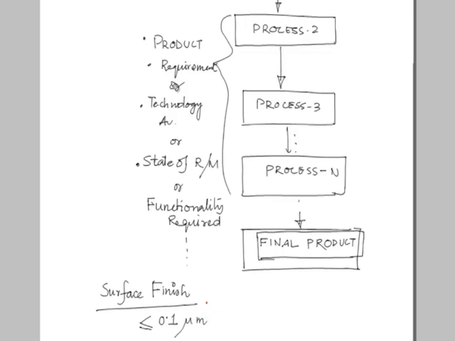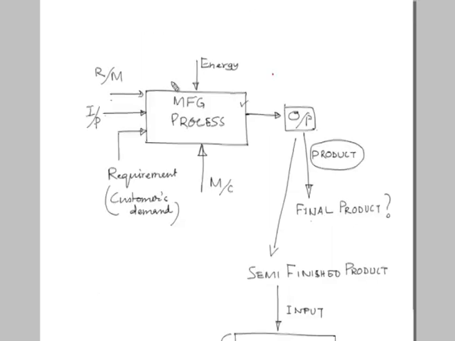Now, the thing is that in my process 1, through which it came, this may be capable of producing a surface in the range of 1 micron only.